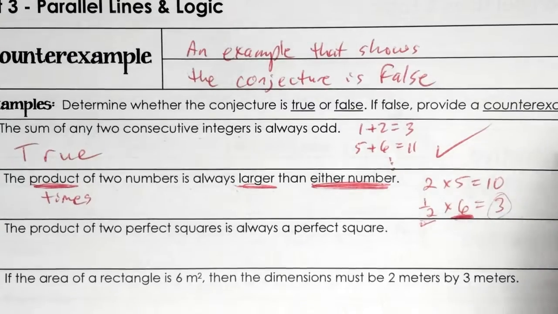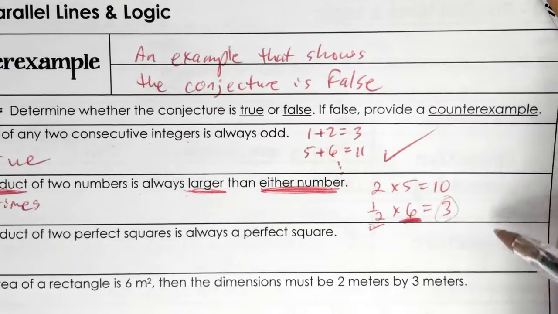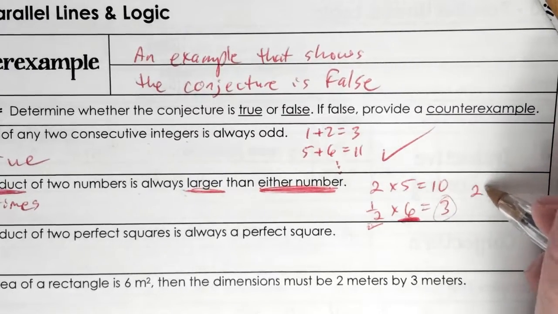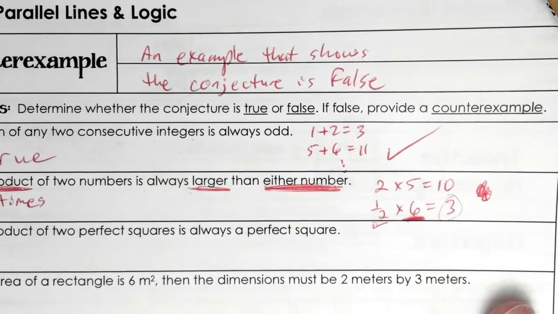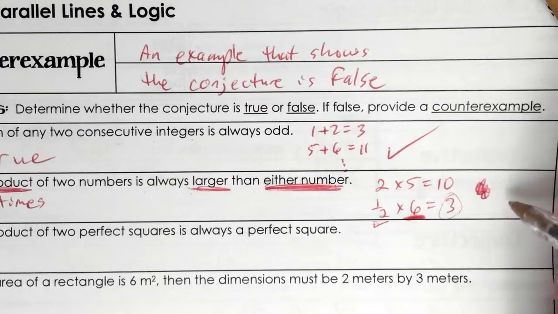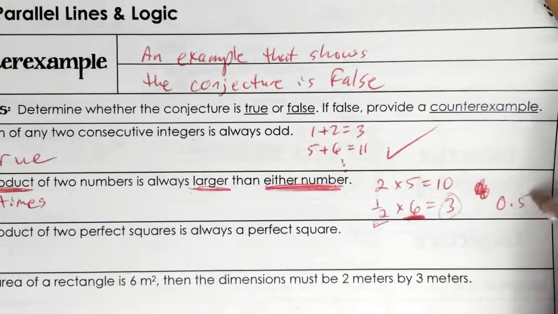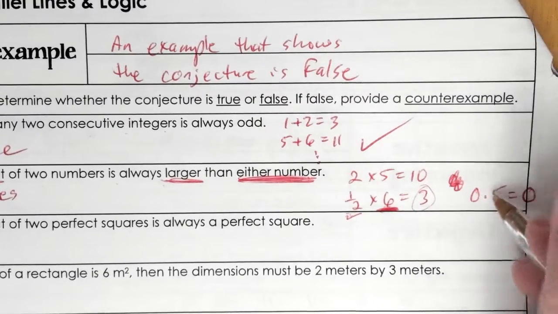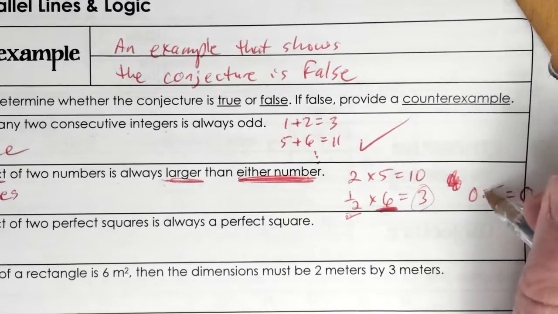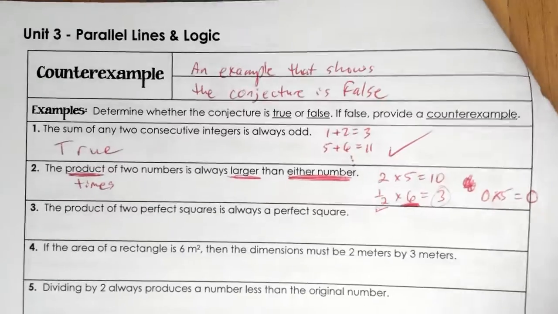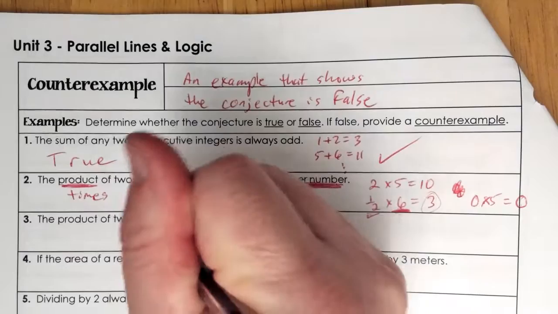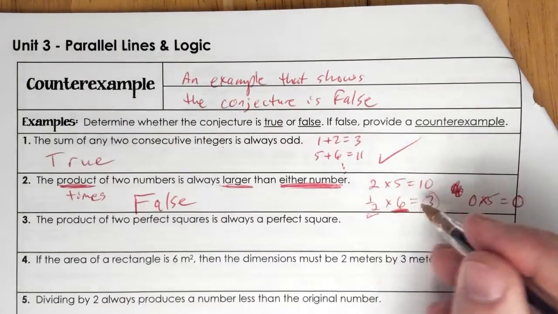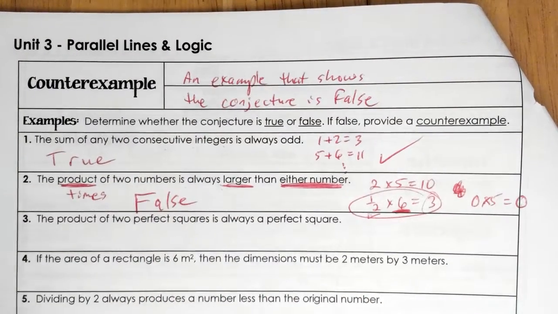Another good example would be 0 times 5, and that would be 0. So once again, that is smaller. So I've actually found 2 examples. So this right here is false, and this would be a good counterexample. And that's everything that we need to learn for today, and I hope you have a great and awesome day.